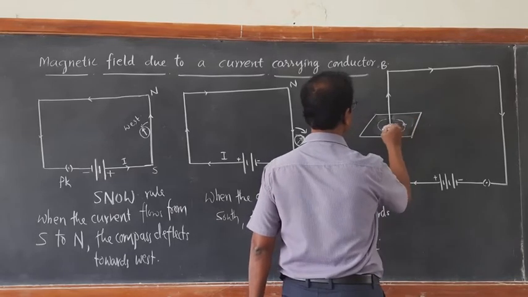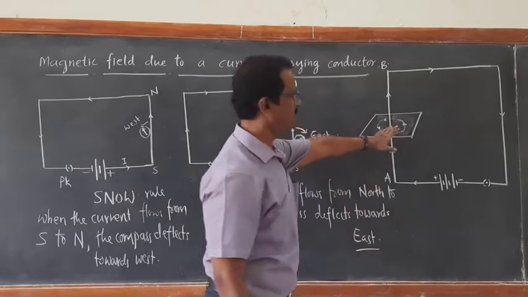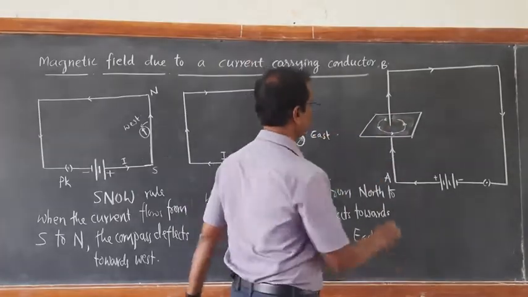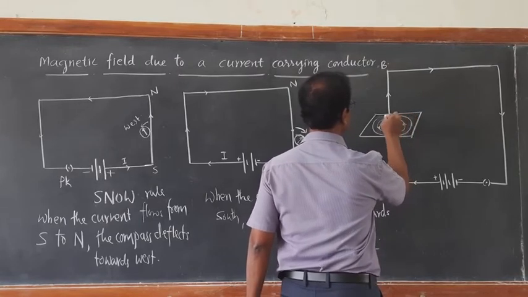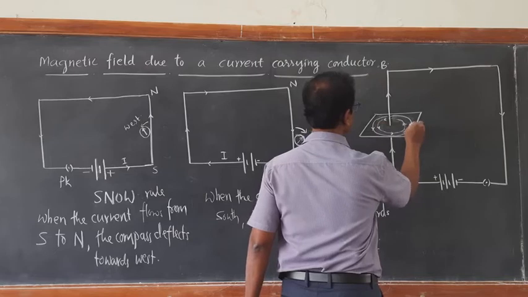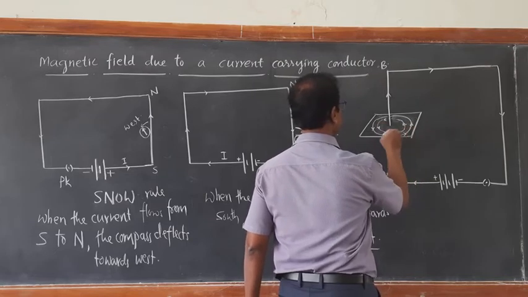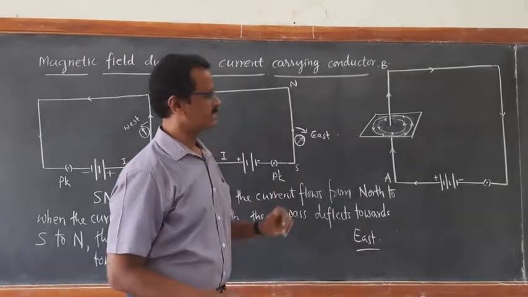So this is in one position, according to the deflected direction of compass needle. Again, in this way, if you observe, this will be observed like this. So this is in one particular direction.